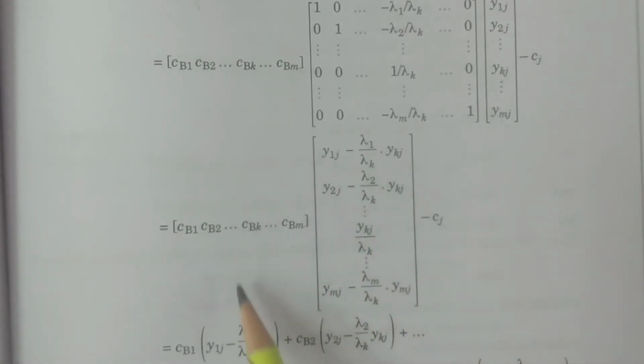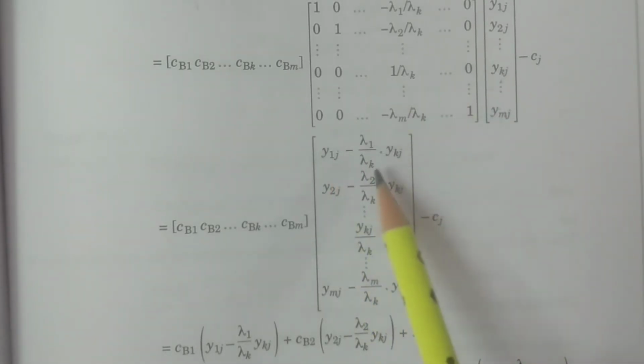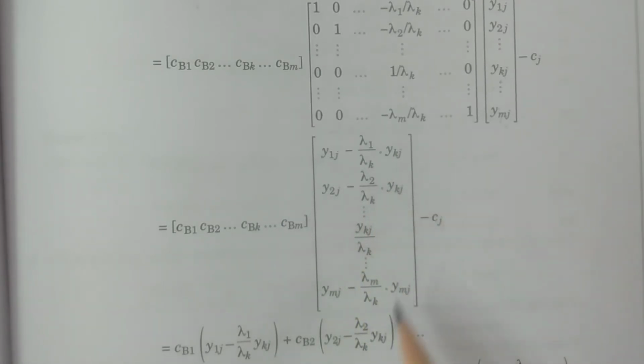All the values are similar except the kth element, ykj by lambda k. The remaining are y1j minus lambda 1 by lambda k into ykj, y2j minus lambda 2 by lambda k into ykj, and so on, ymj minus lambda m by lambda k into ykj.